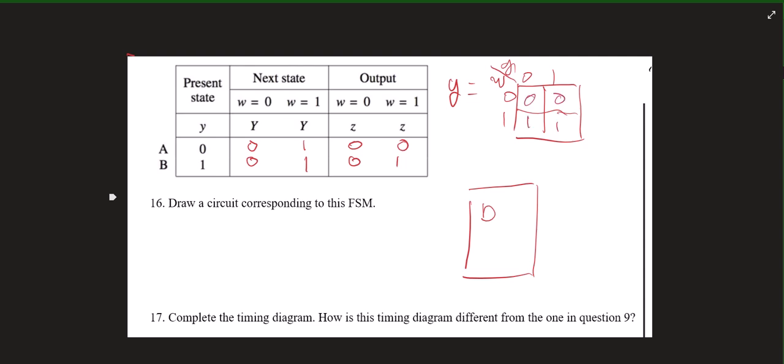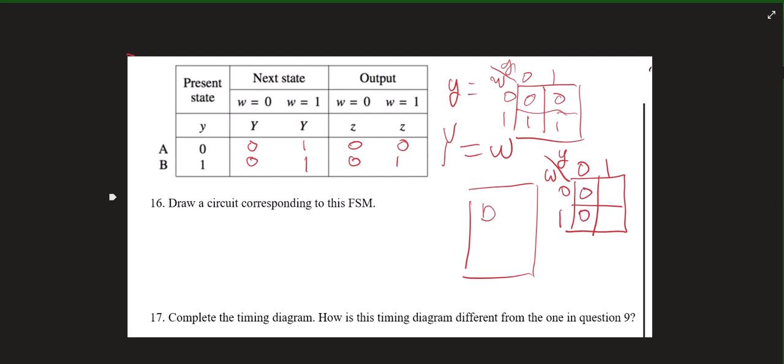So this tells us that Y equals W. And then Z: when Y is 0, we get 0.